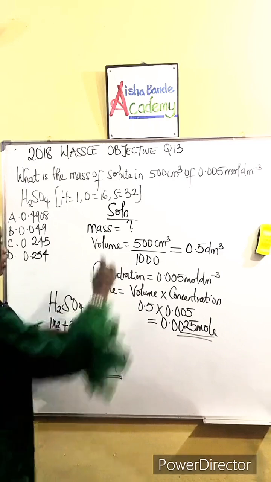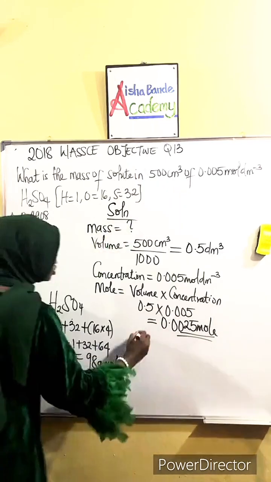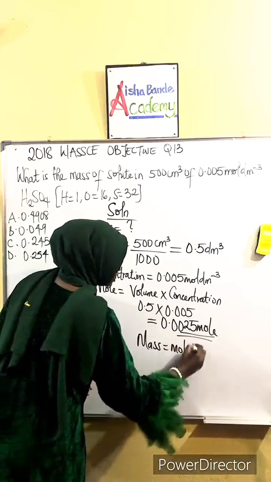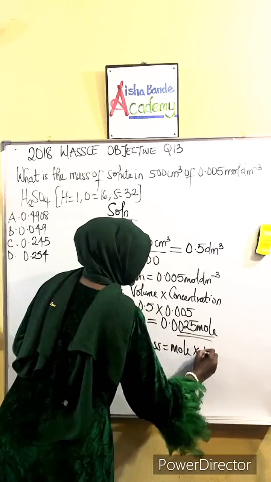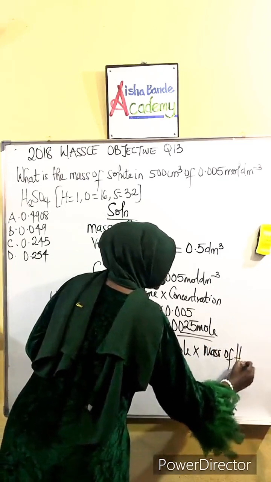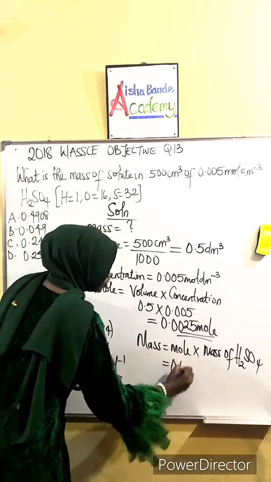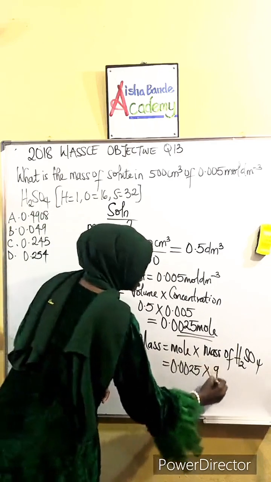So from here we have to look for mass, right, as given in the question. So the mass is going to be equal to the mole times the mass of the compound, H2SO4. So we got our mole to be 0.025 times the mass we've calculated, which is 98.